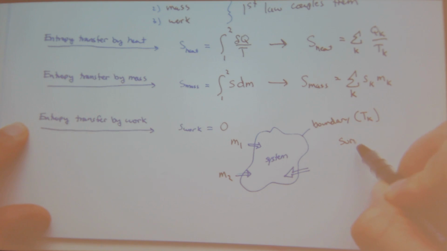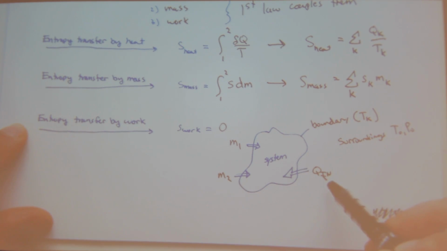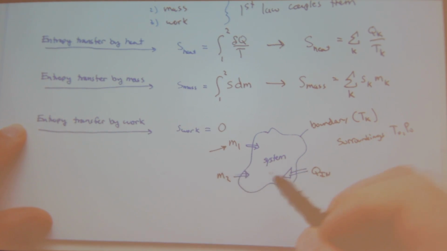My surroundings are at some temperature and pressure. I can have heat in. So I have two forms of mass coming in, there's no mass leaving, and I have heat coming in.